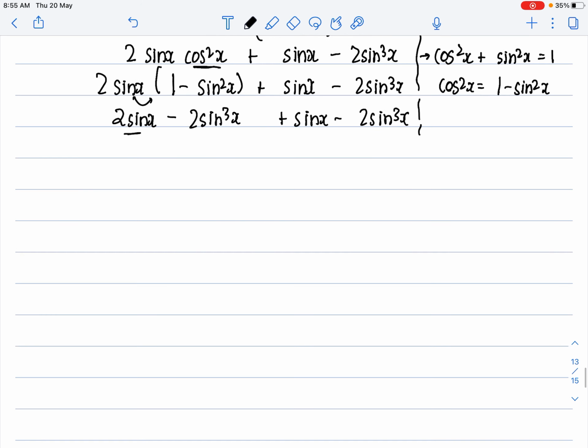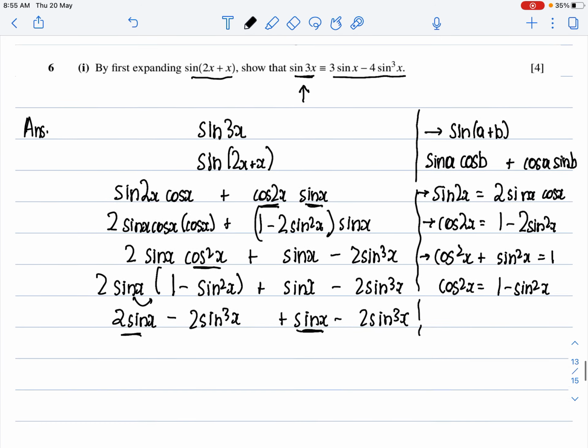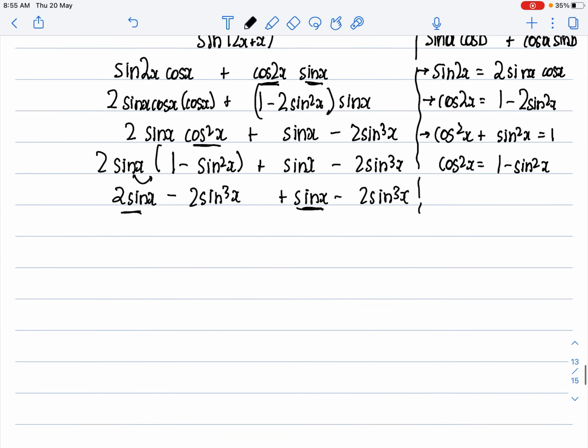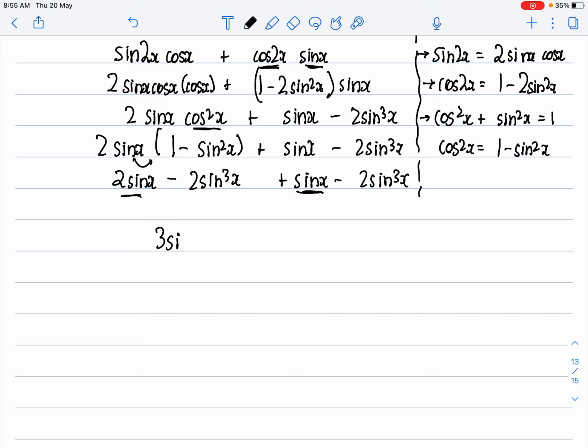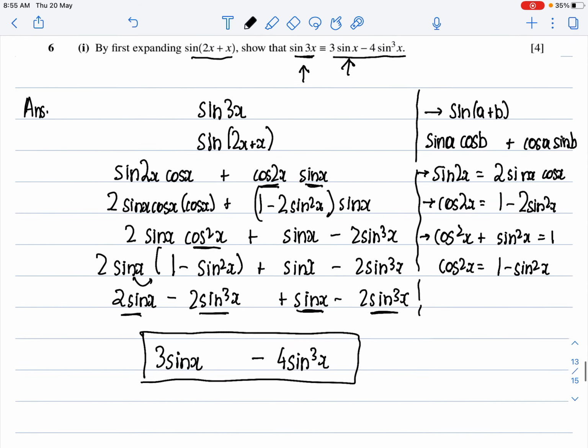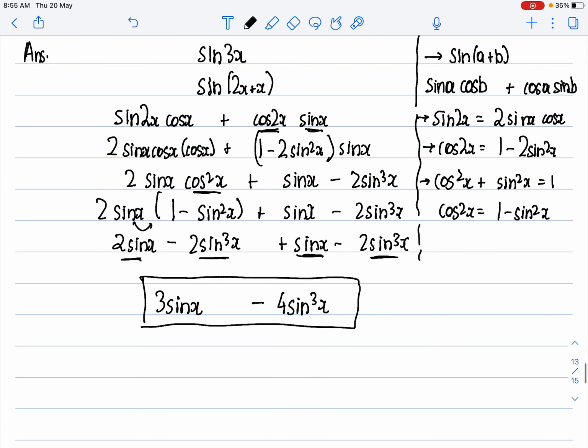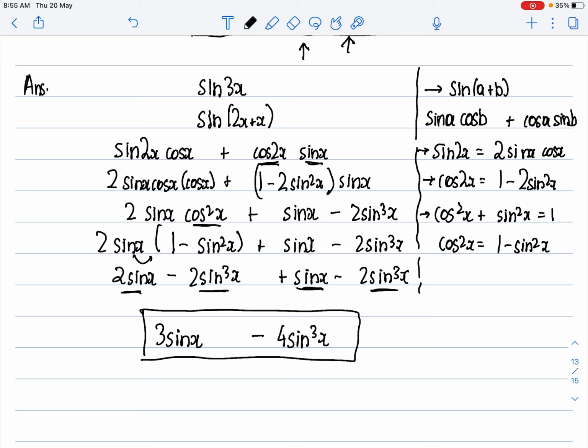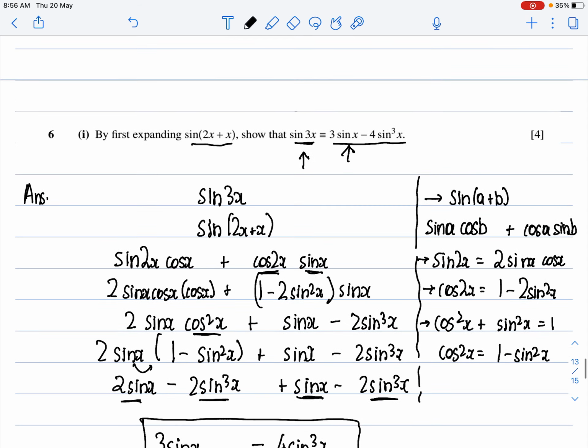So now 2 sine x plus sine x can give me 3 sine x, which I need, and minus 2 sine cube x and minus 2 sine cube x can give me minus 4 sine cube x, which I need. So this is what I needed to prove, which I proved. See how many trigo identities you needed to know for this question. So you need to be thorough with your identities, okay, to crack a question like this.